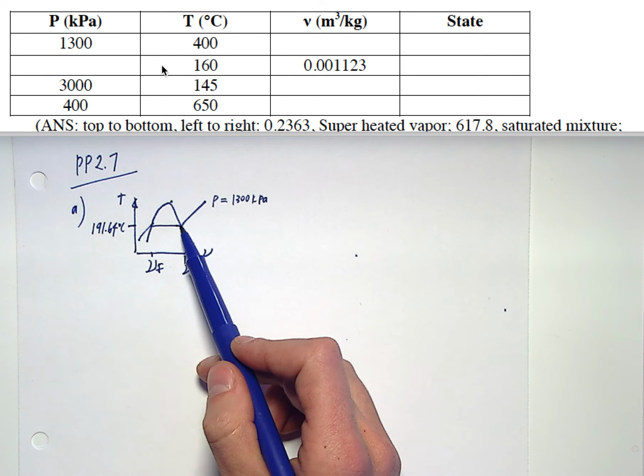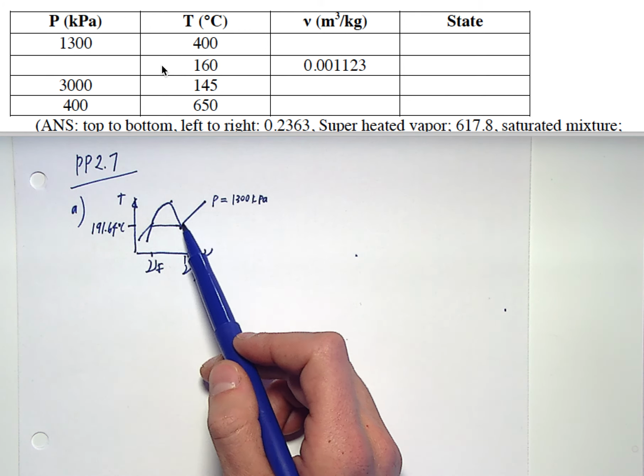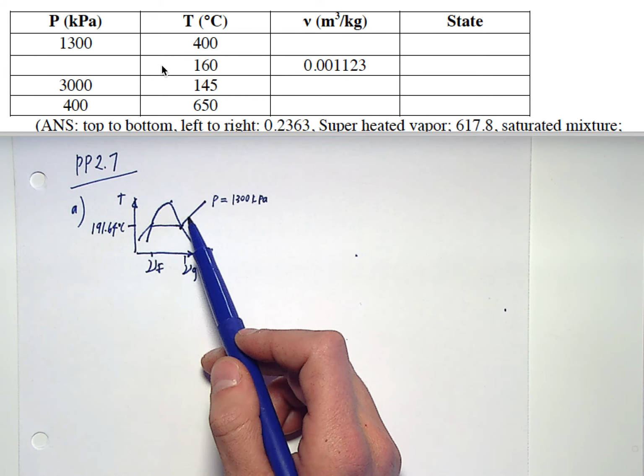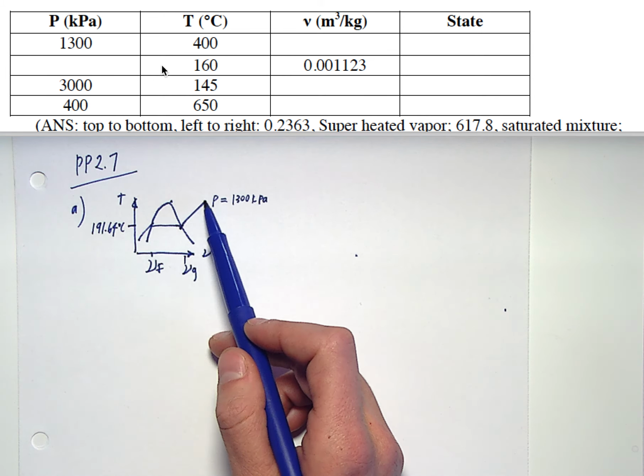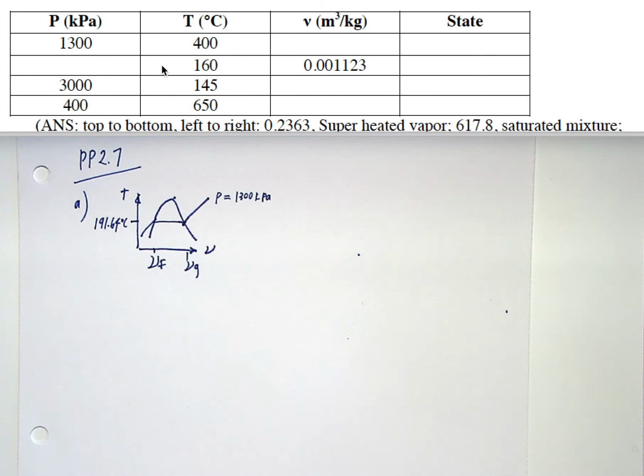And then if you keep increasing the temperature, once it becomes 100% vapor, then you're going to go along this superheated line over here and continue to expand the gas, which is why the specific volume is increasing. So in the problem here, it says that the pressure is 1300, but that the temperature is 400.